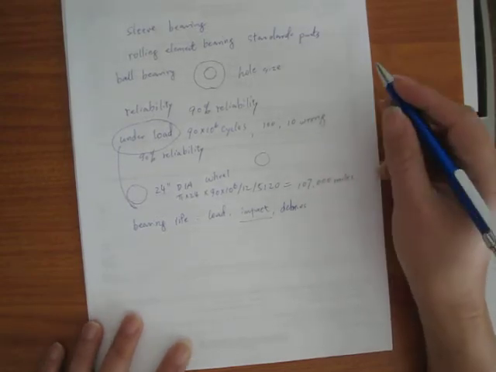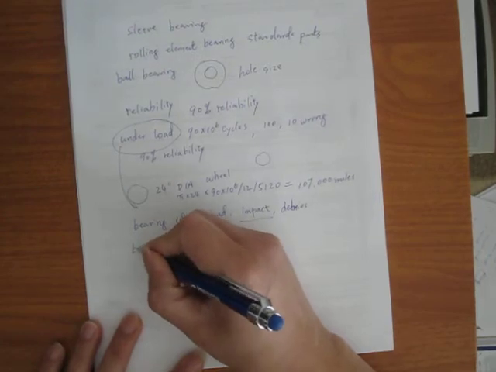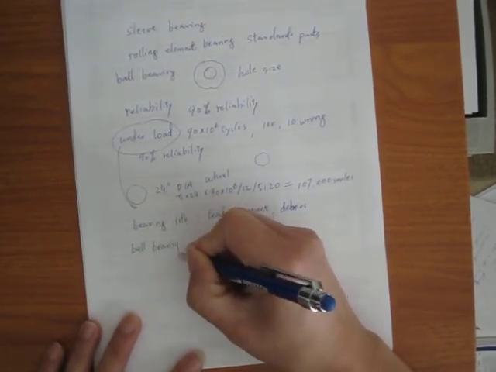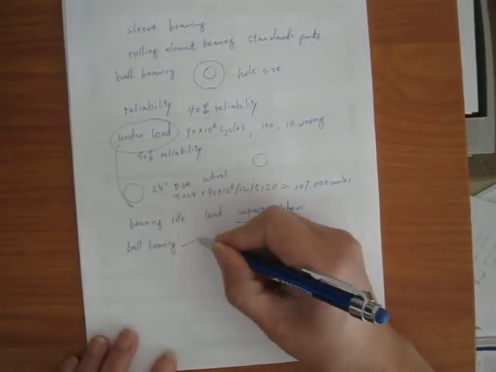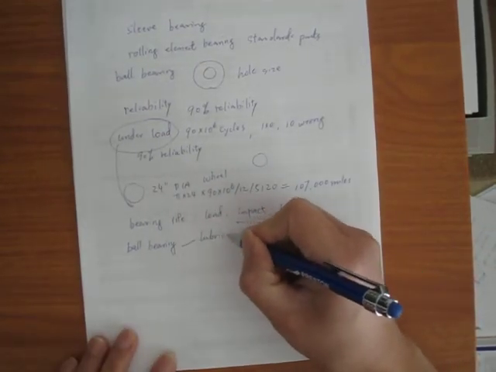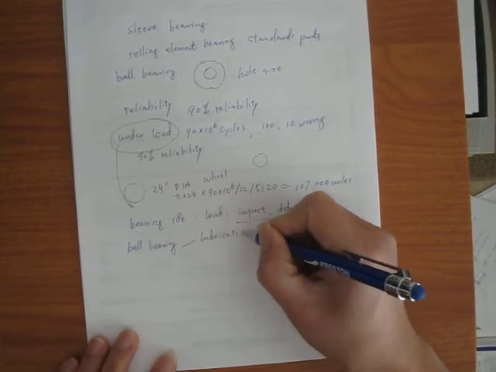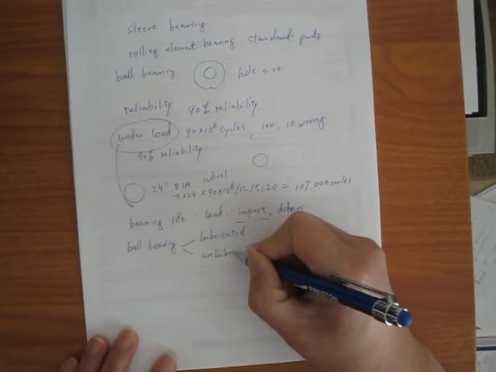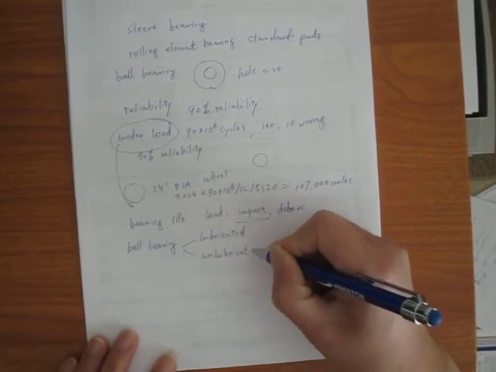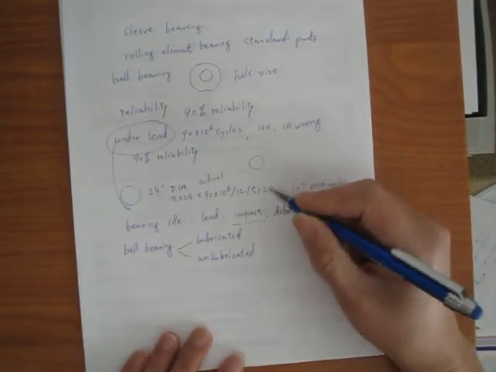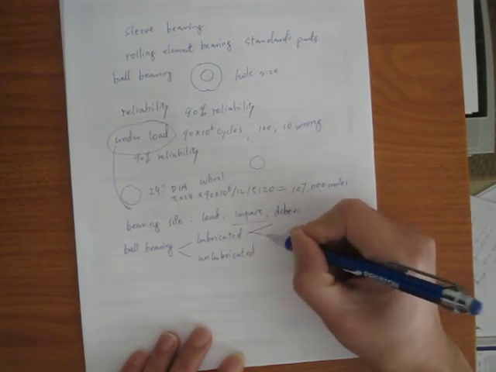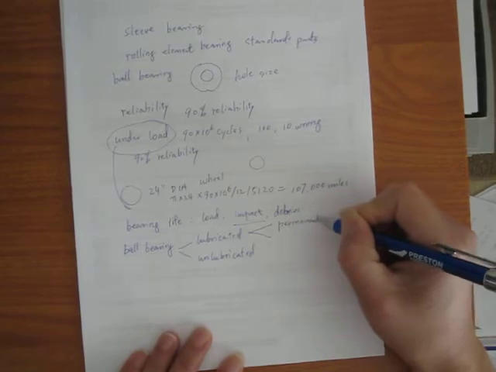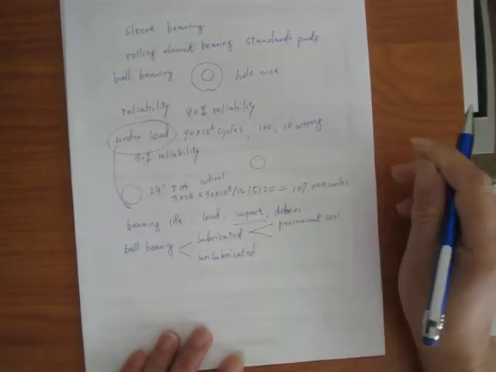Also, for example, ball bearings, rolling element bearings, there are two types. One is lubricated, and one is unlubricated. For lubricated, you have a permanent seal, so you have lubricant and a seal.